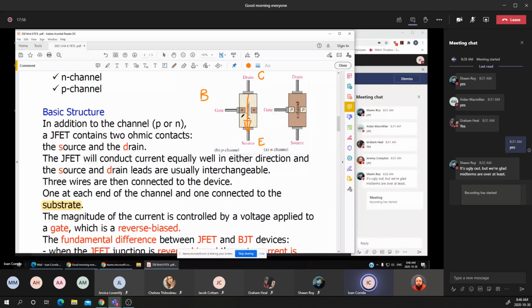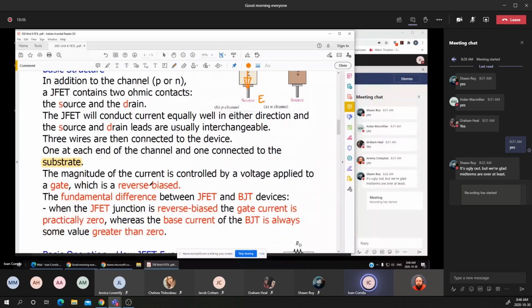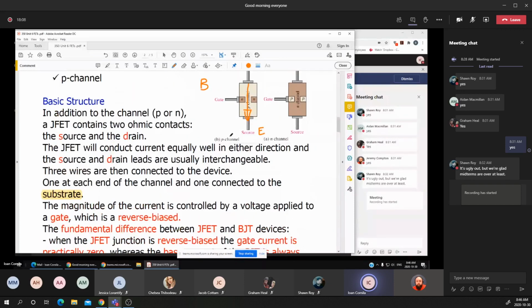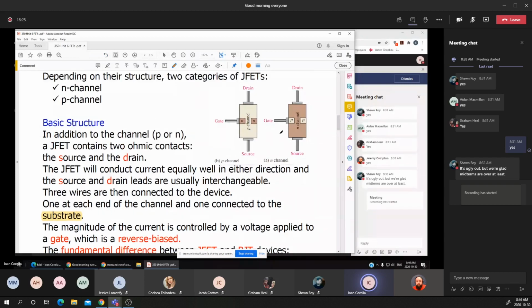To limit the current that flows between the drain and the source, we have to apply a voltage on the gate. This voltage has to be negative on the gate. Now we have to go back and review the depletion regions in forward biased and reverse biased.